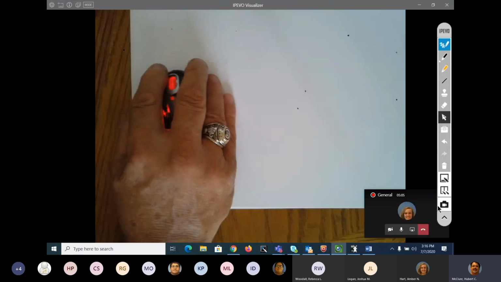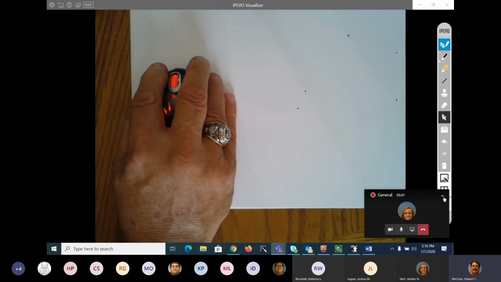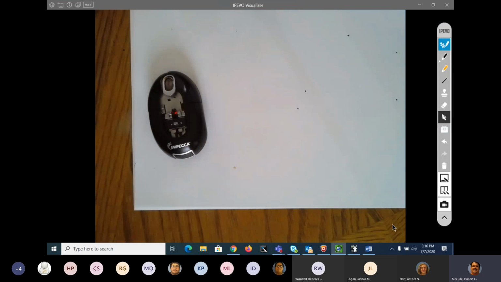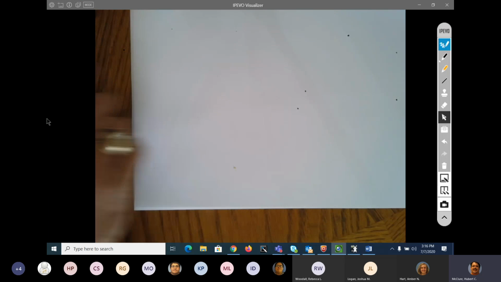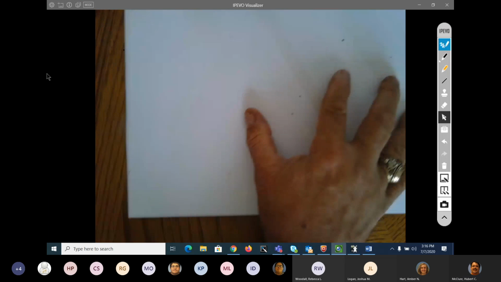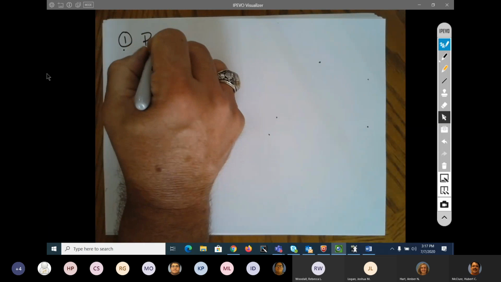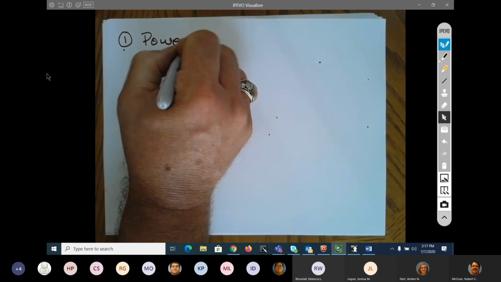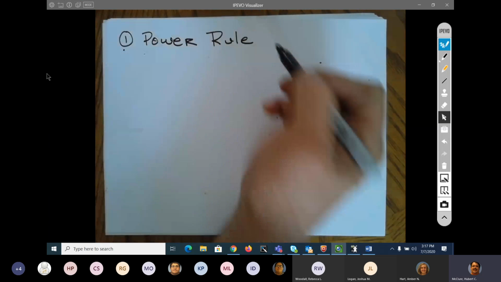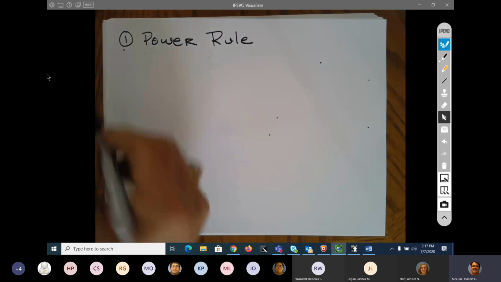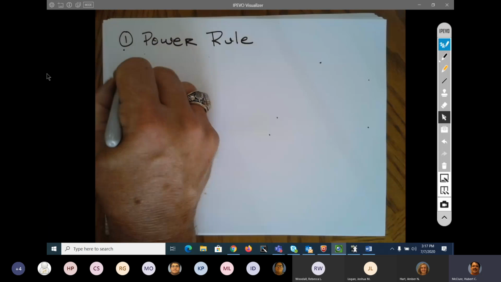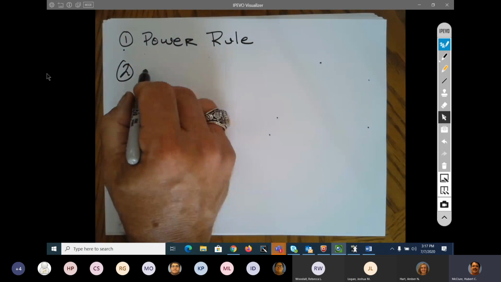Just reminding everybody that there are several parts to integration, and they are as follows. 1, you should be able to do the basic power rule. 2, you should be able to do anything having to do with pulling out the constant.